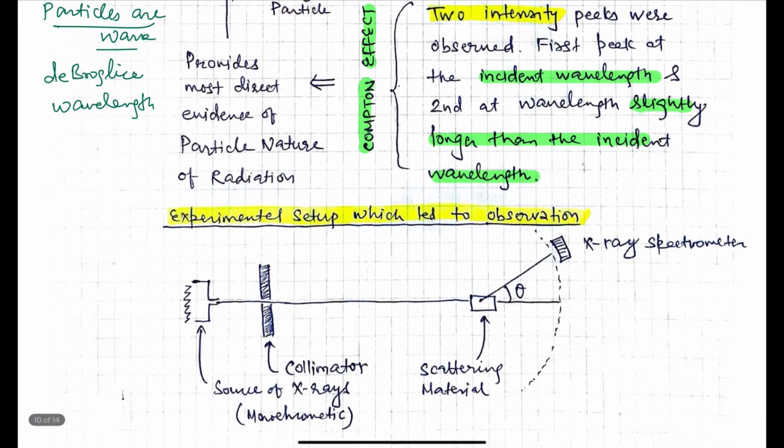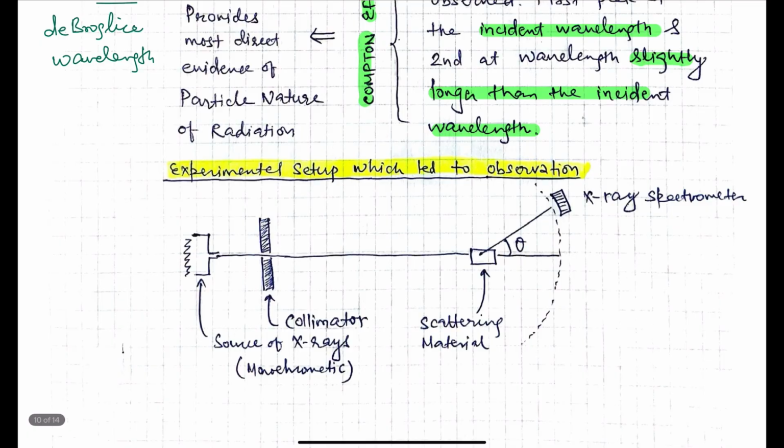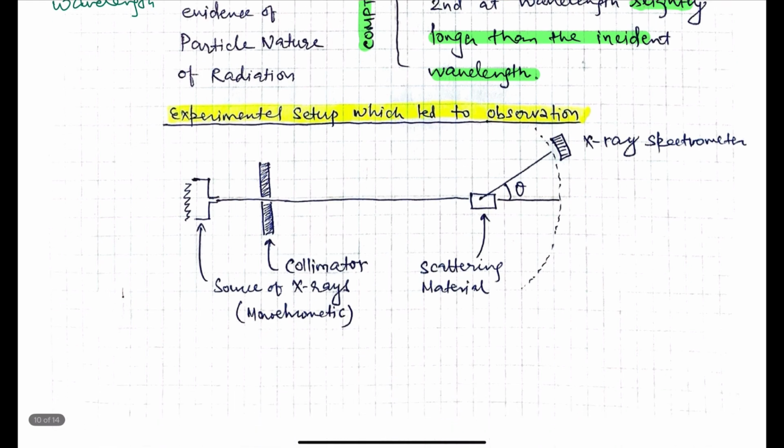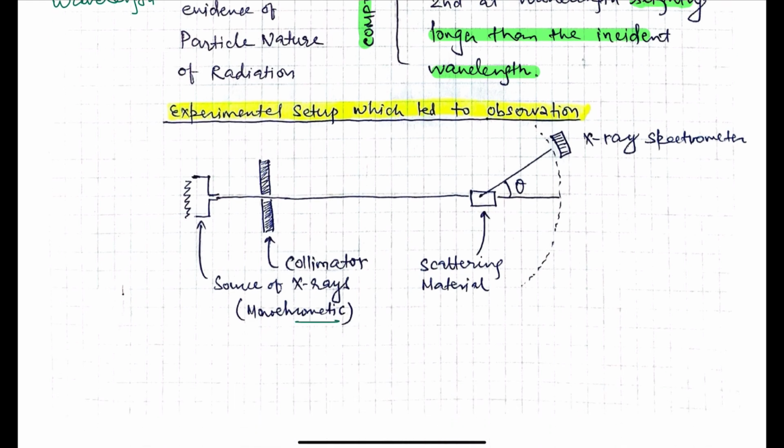So now let's try to understand the experimental setup which leads to the observation. Here we have the source of X-ray and then we have the collimator. The source of the X-ray is monochromatic, that is, it is made of a single color. Chromatic means color, and single color means single frequency.